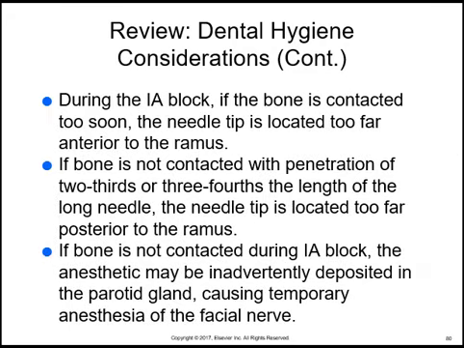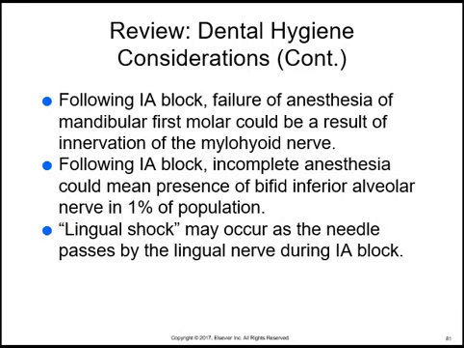During the IA block, we talked about what happens if bone is contacted too soon or if bone is not contacted at all, and how you need to reposition that syringe. That's important. You've got to make sure you understand that and you know what to do if you find yourself in that position, which happens a lot.